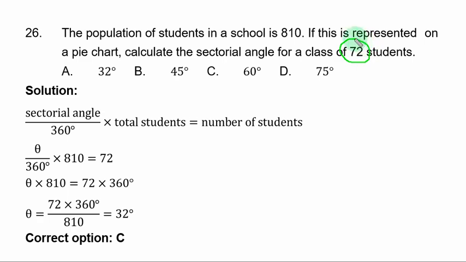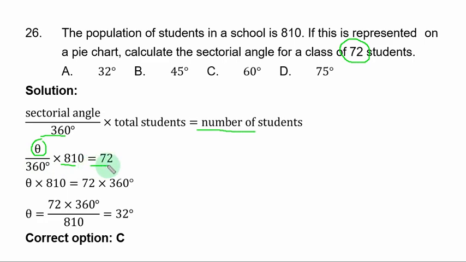The rule is simply sectorial angle over total angle 360 times total students, that will give us 72. But now you already have the number of students, you have total students, then find the sectorial angle. So let the angle be theta over 360 degrees times 810 equal to 72.